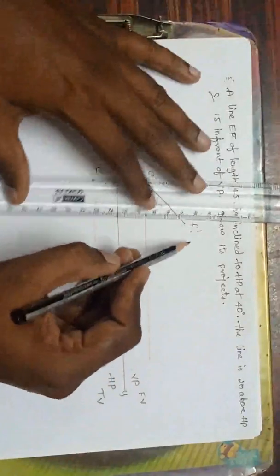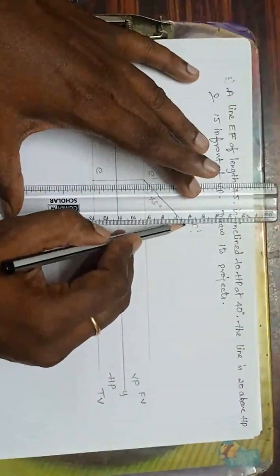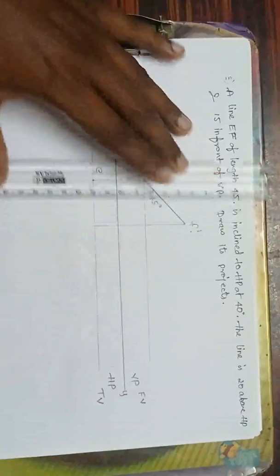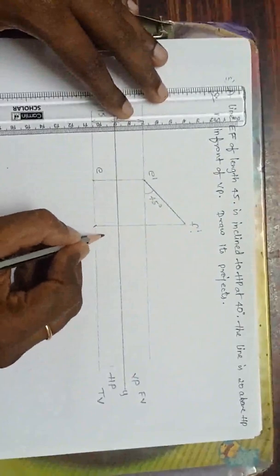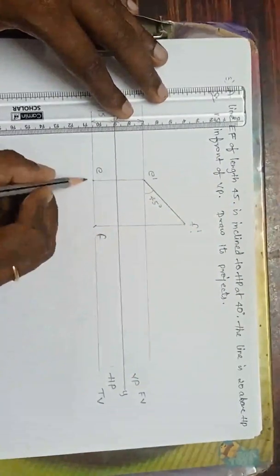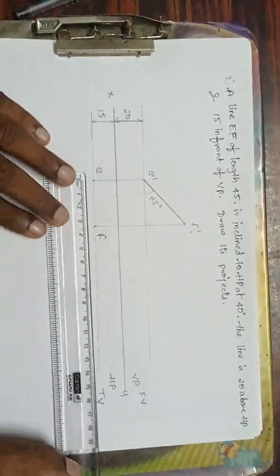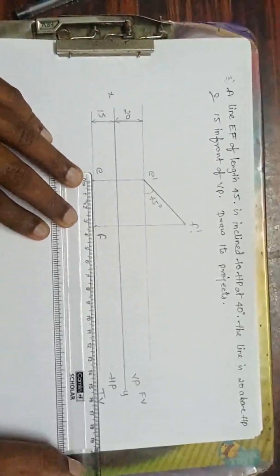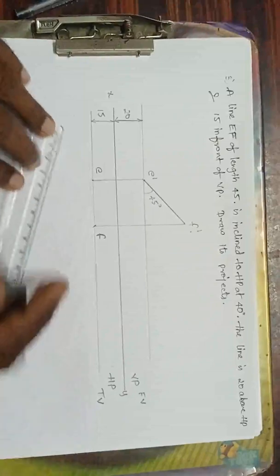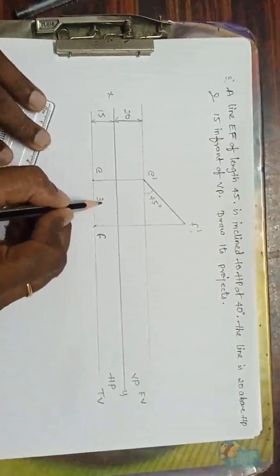Here also, from F dash, just drop the perpendicular line. This is F. Now what is this length? I'll check. This is some 33. So this is the imaginary length.